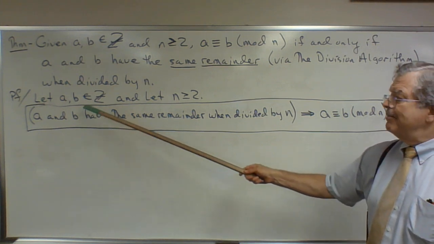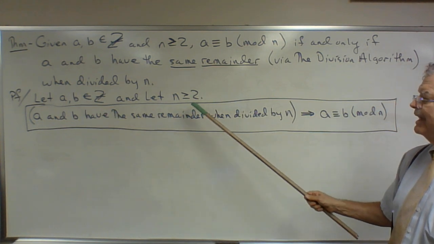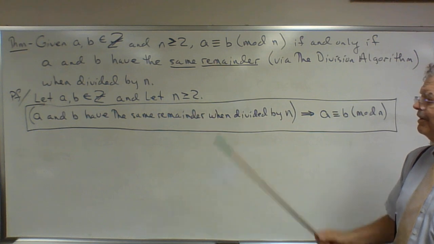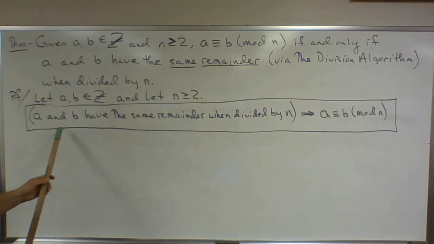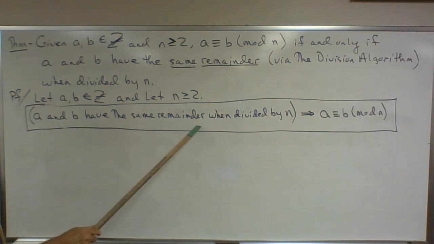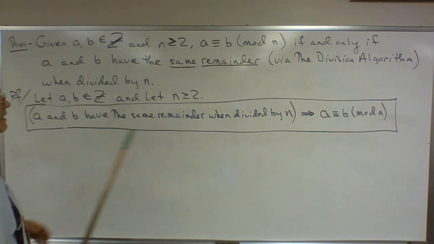So let's let our hypotheses be given. Let a and b be integers, and let n be a natural number greater than or equal to 2. We're going to prove that if a and b have the same remainder when divided by n, then a is congruent to b mod n.